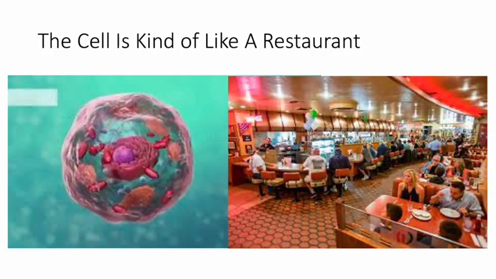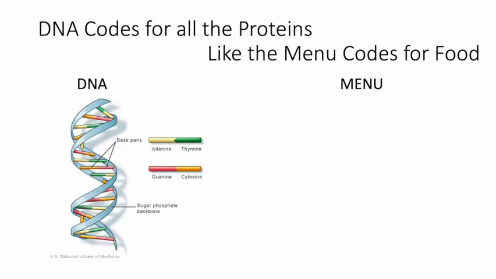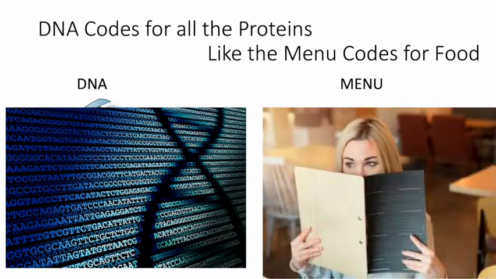So the cell works kind of like a restaurant with a lot of different proteins, or people, doing a lot of different things all throughout the cell, and they need to work together in order for the cell or the restaurant to function. Interestingly, the DNA that codes for all the proteins is kind of like the menu which codes for all the foods that the restaurant can make.